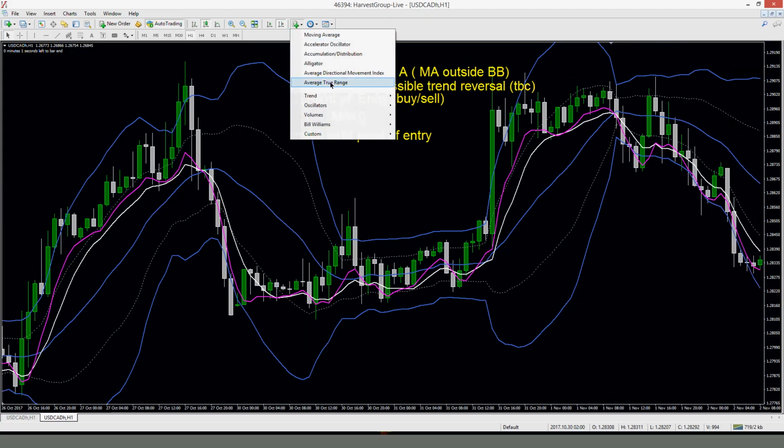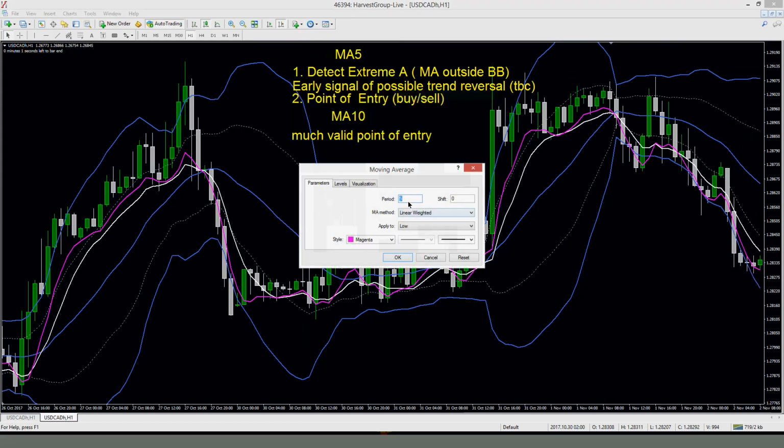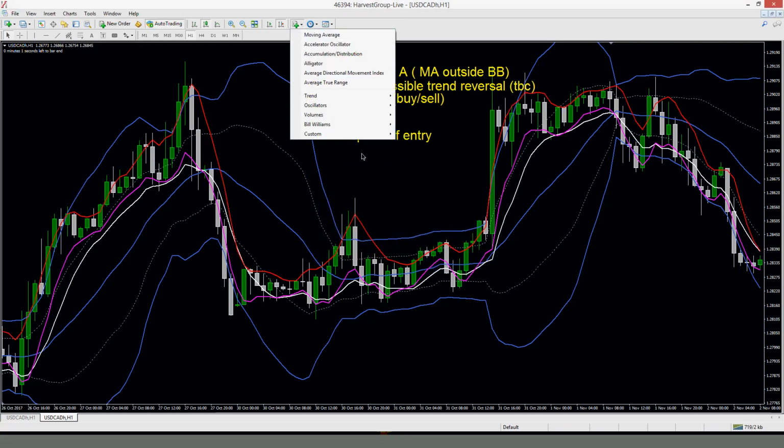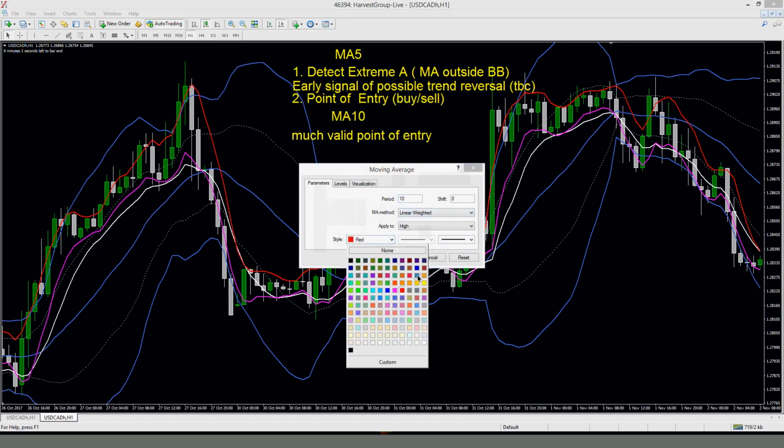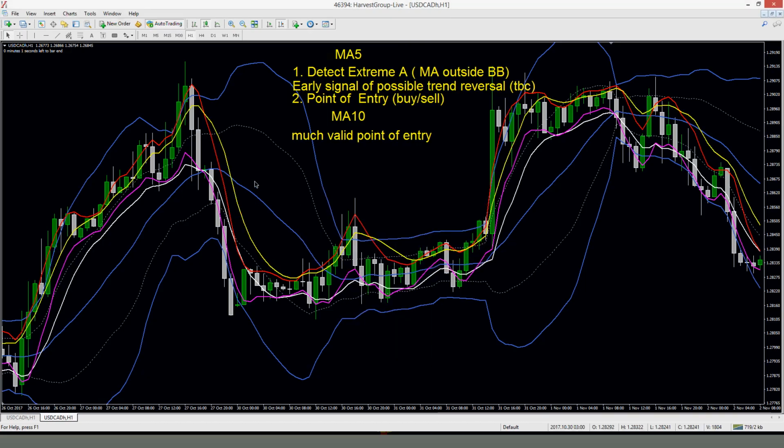Let me just add in the sell indicators now. Okay, one more. Okay, so as you can see here, these pairs are obviously working together.